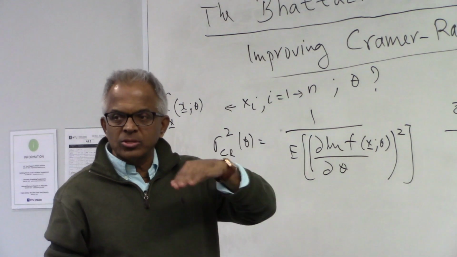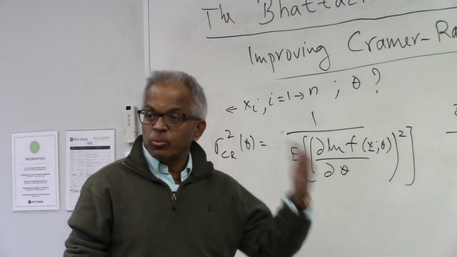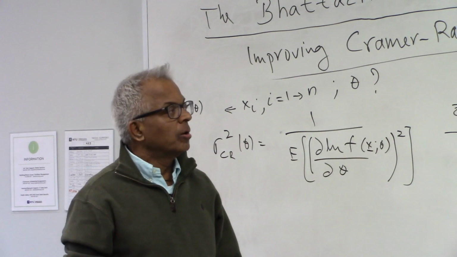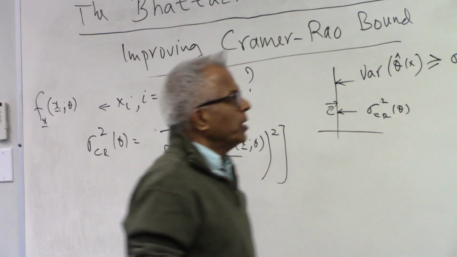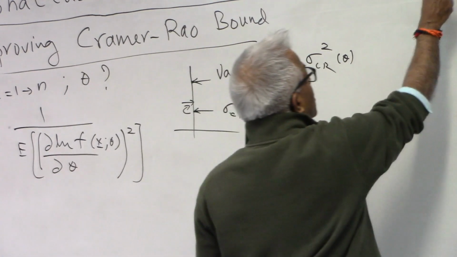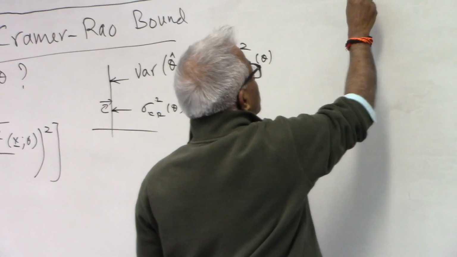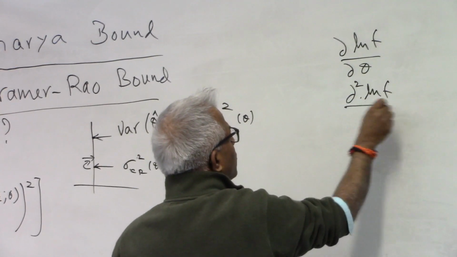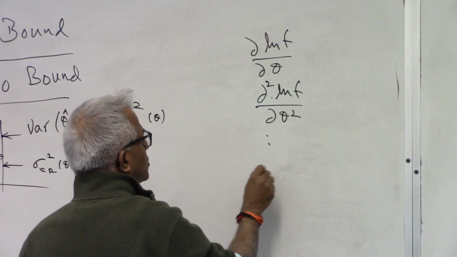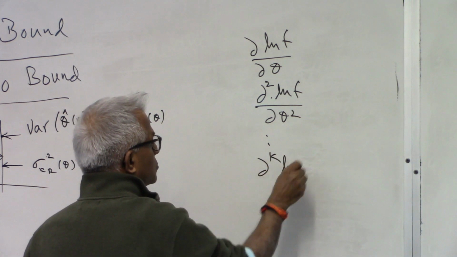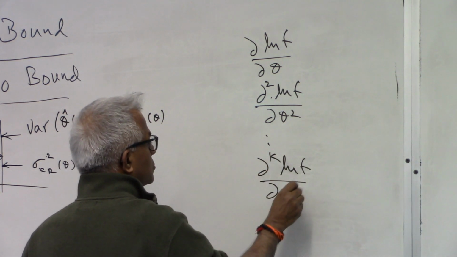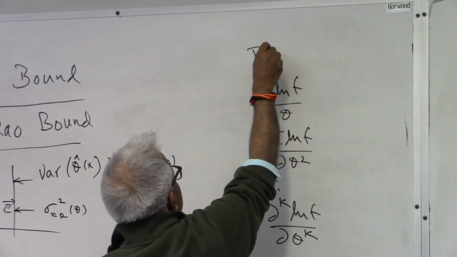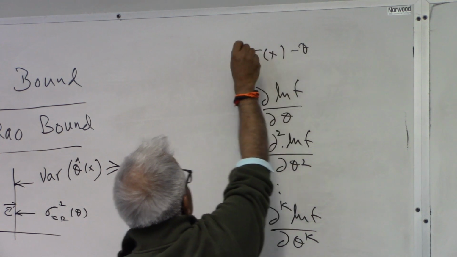So Bhattacharya's idea is, suppose we bring in the higher derivatives, is it possible to push the bound up? So we want to look at the derivative of log f with respect to theta, the second derivative of log f with respect to theta, etc. And we have this Tx minus theta, where this is an unbiased estimate.